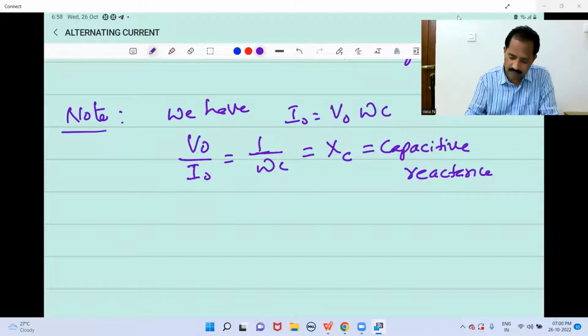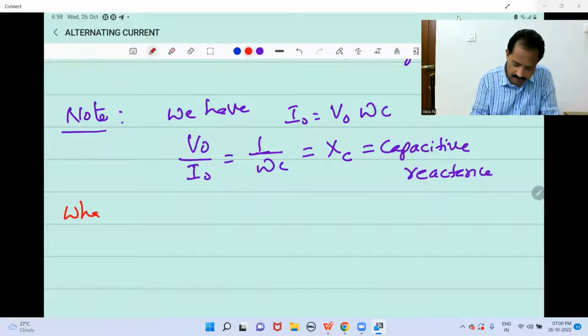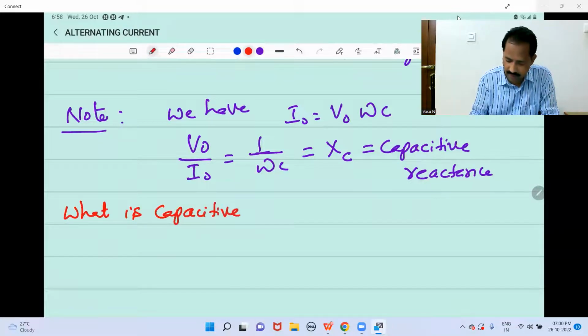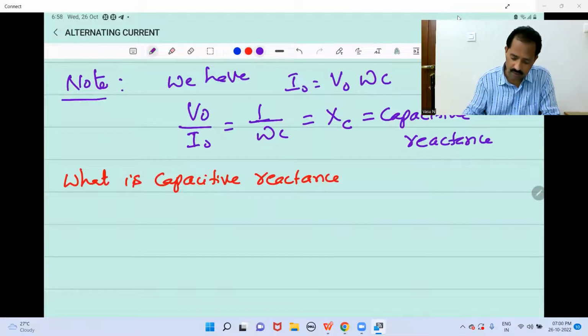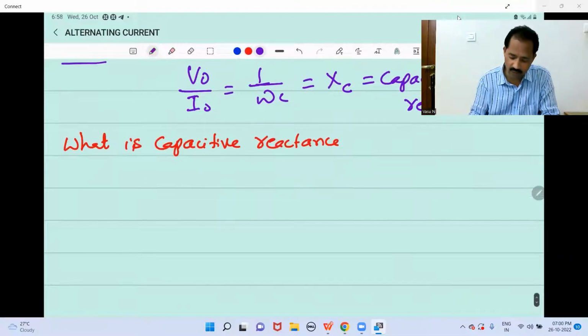Now what is called capacitive reactance? What is capacitive reactance?